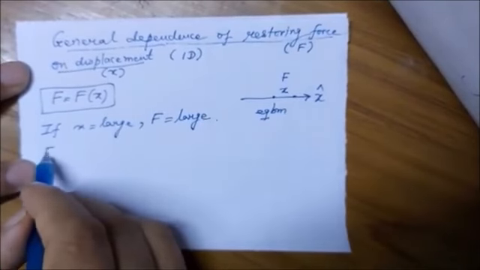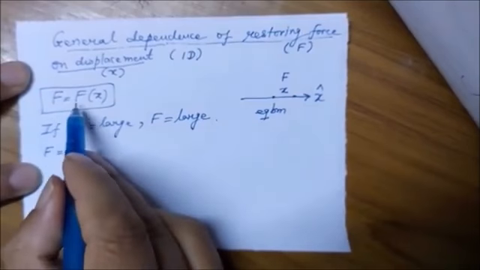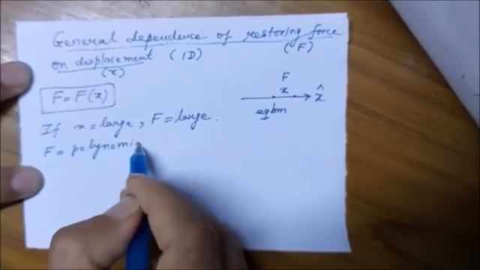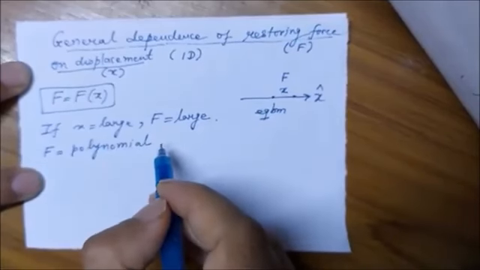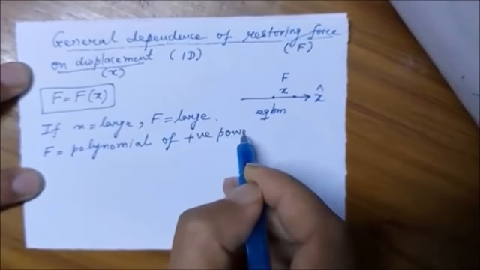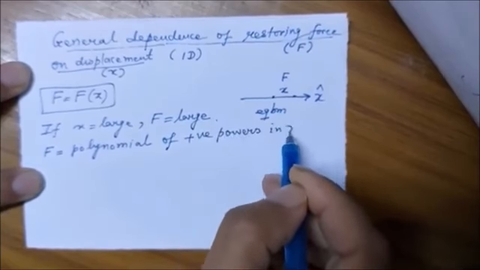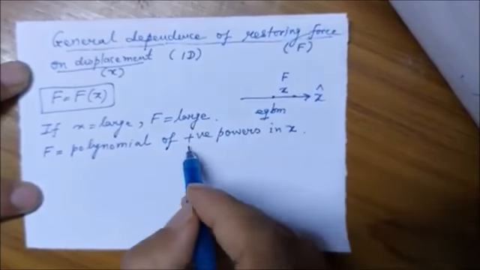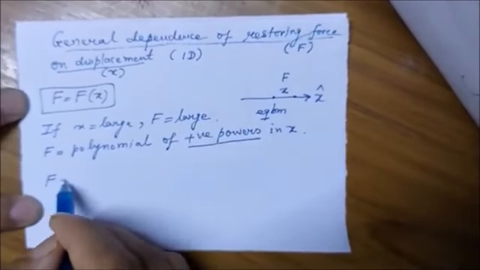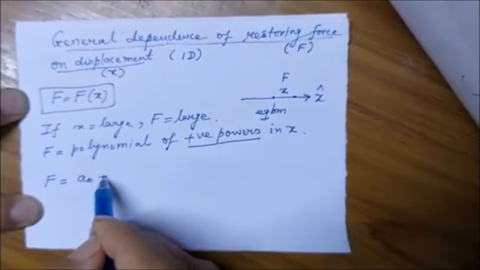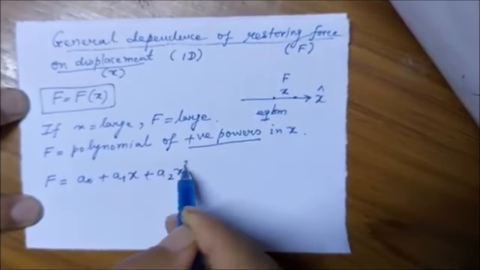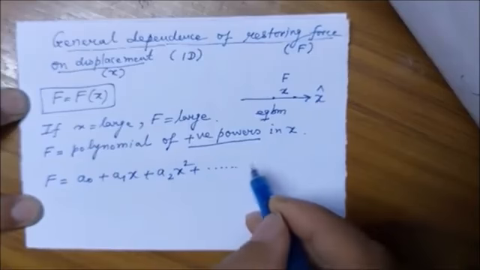And let us write down the relation between F and X through a polynomial, that is a series in X, polynomial of positive powers in X. So this is important and we'll explain it further. So let us write the polynomial. F is a constant term a0 plus another constant term a1 into x plus a2 x square and so on and so forth.